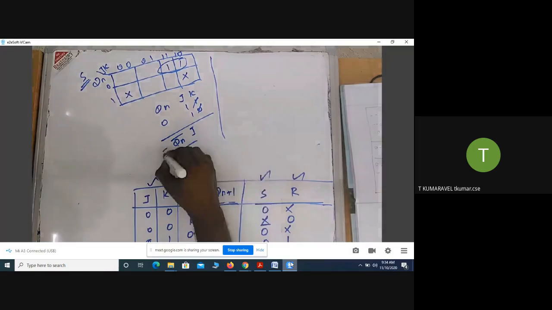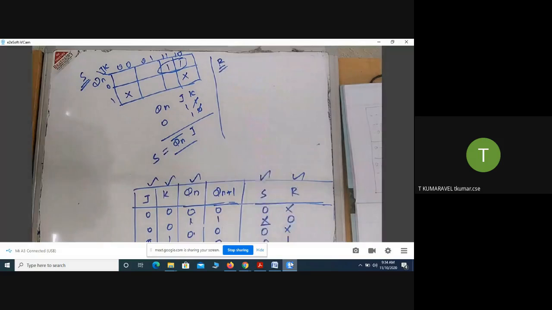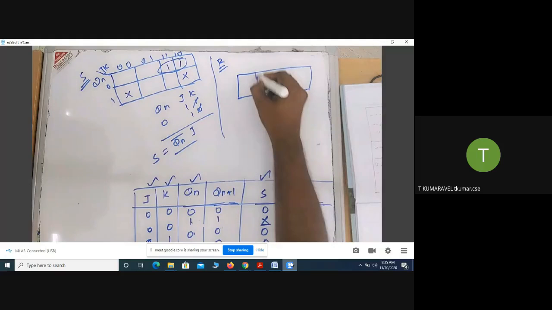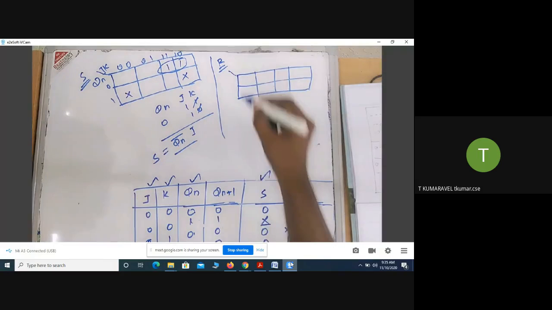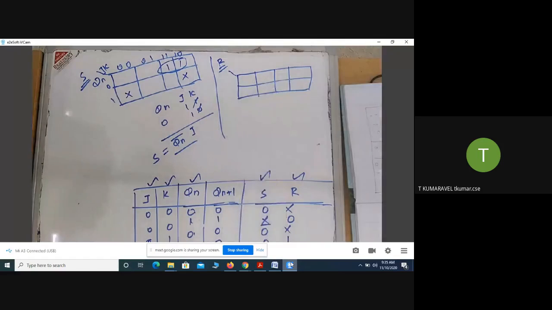Similarly for R. Again, here it is a three variable function. Three variables are available, so eight input combinations are available. In order to solve this equation, we require a three variable column.